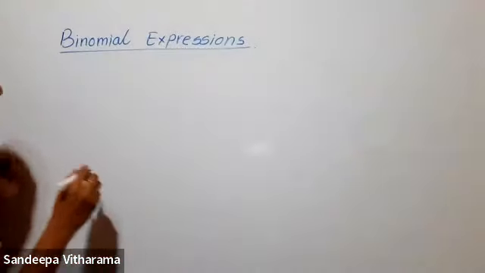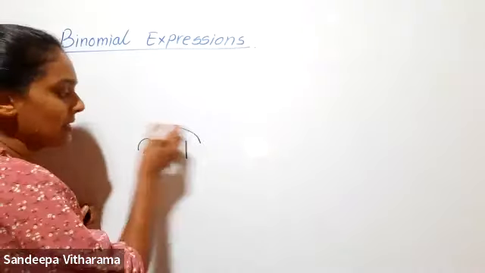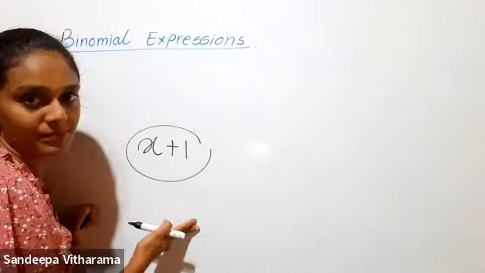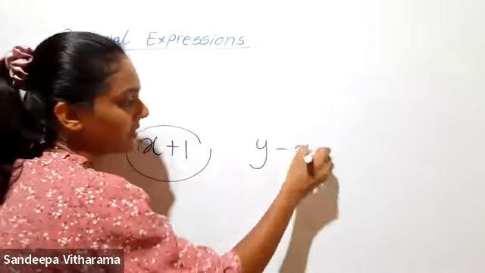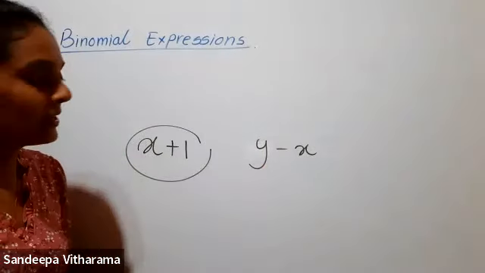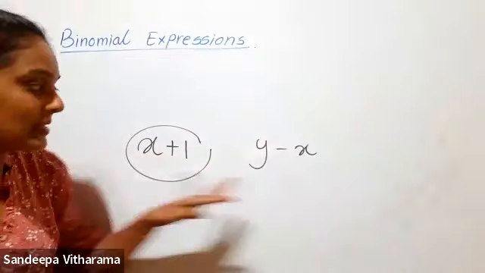Okay, you can identify that. If x is added to 1, it is like this. It does not change. If it is the difference between two terms, y subtract x, it is written as it is. There's no change.